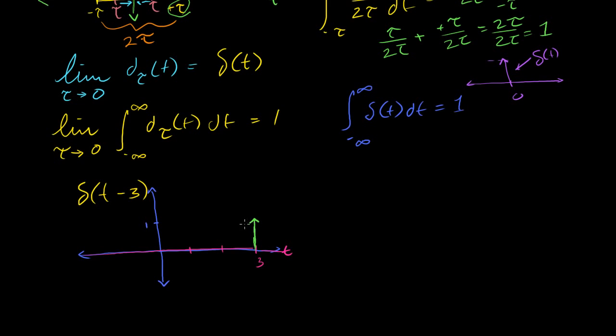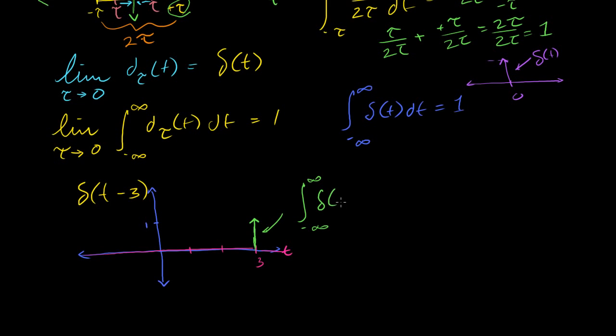Let me be clear. This is not telling me that the function just goes to 1 and then spikes back down. This tells me that the area under the function is equal to 1. This spike would have to be infinitely high to have any area, considering it has an infinitely small base. So that's the area under this Dirac delta function.